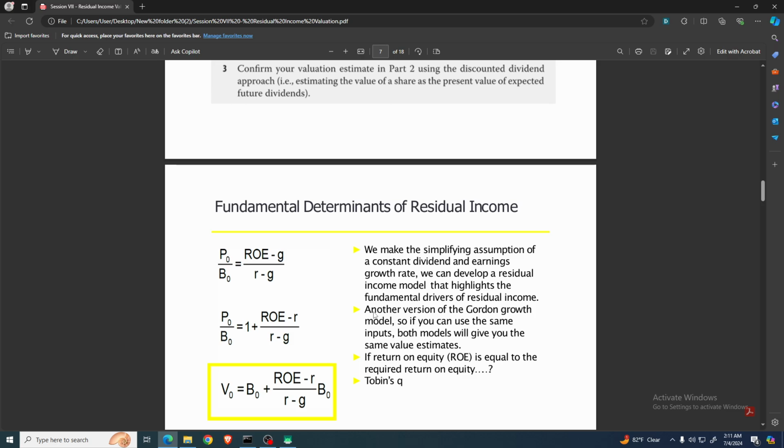Again, focus on the keyword right here. This gives the intrinsic value of the share, basically the value of the share, by adding the current book value to the present value of future residual incomes.